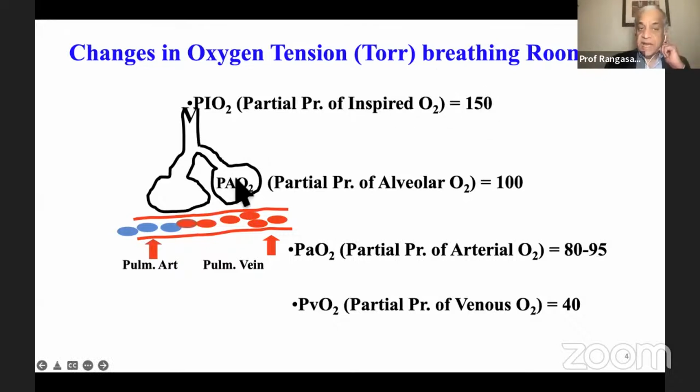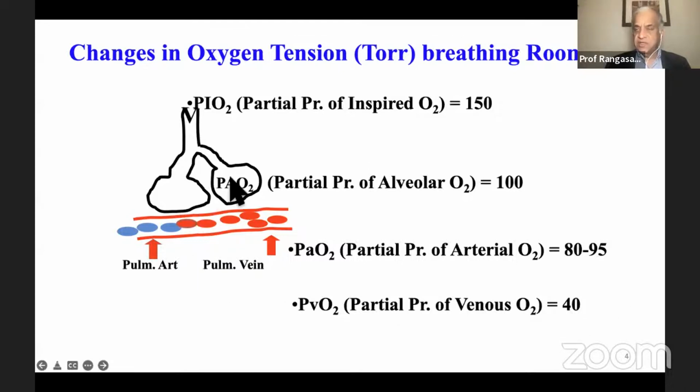As it gets into the alveolar side, the uppercase PAO2 is about 100 because you have PCO2 there. All gas pressures have to be equal; it cannot be more than 760. So it becomes 100. Then the blood coming from the pulmonary artery, the mixed venous PO2, is about 40.